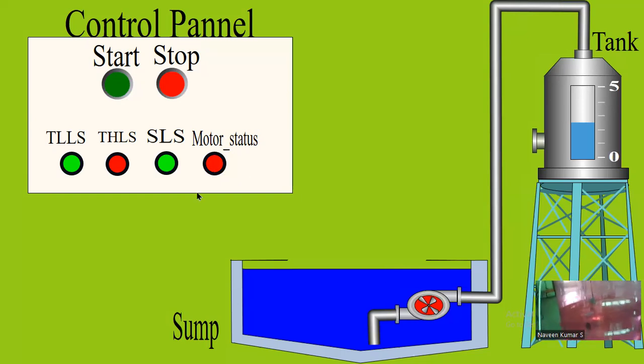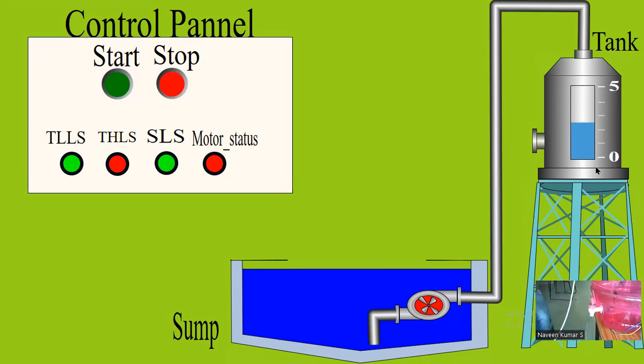Now I am going to drain the water. When the water goes below the low level sensor, this is going to be turned off. It means it becomes red, and the water will be shown below 20%.